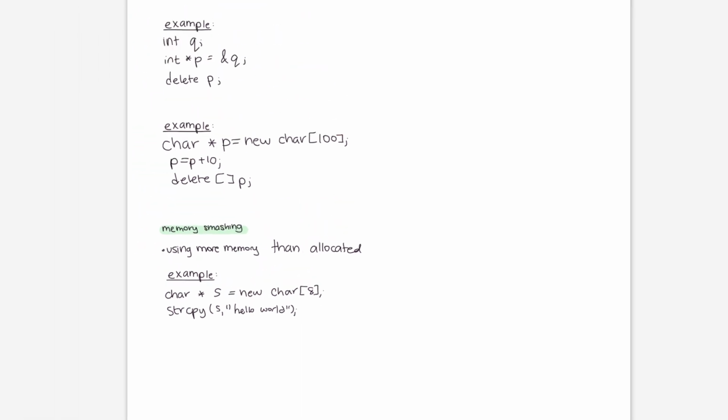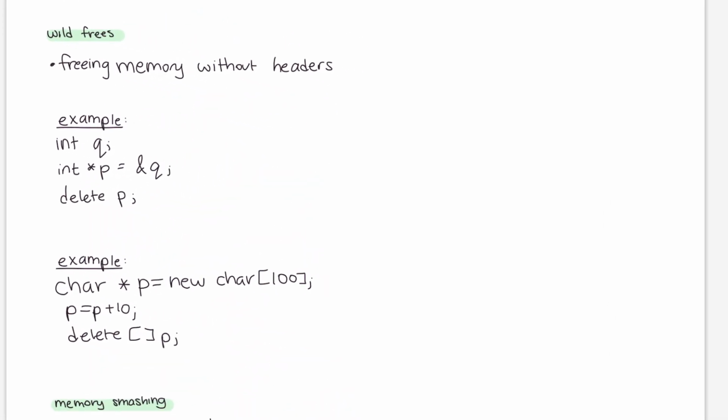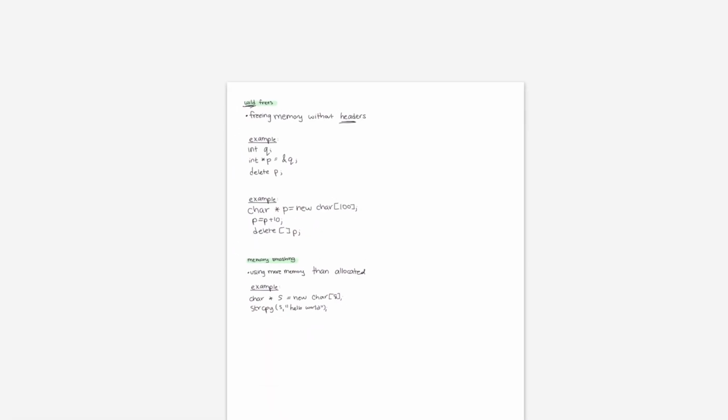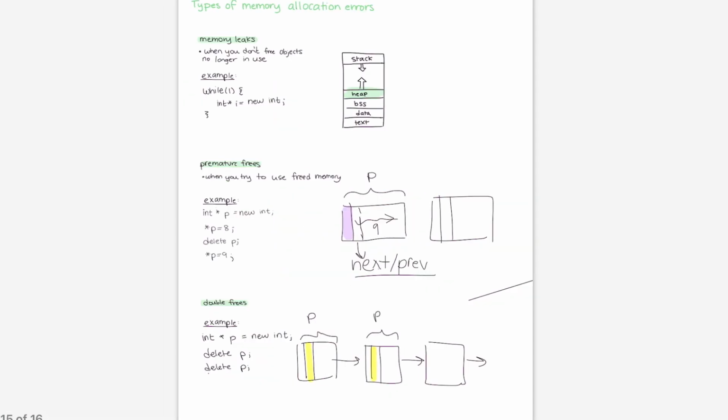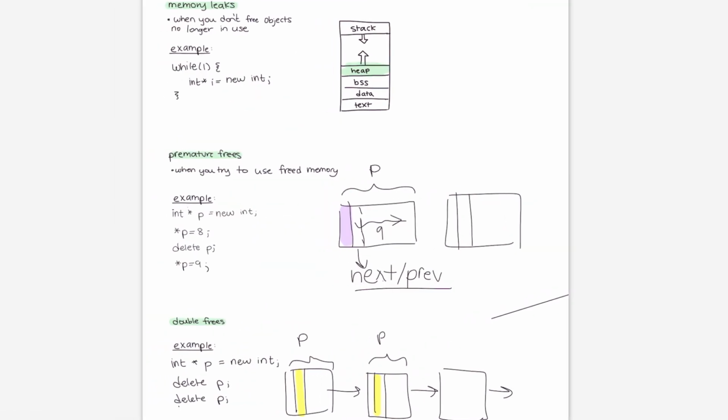And just some dumb ways to remember wild frees, I like to think about that phrase, if you lose your head, that means you've gone crazy and you're wild. So headers, you've lost your head and you've gone wild. Yeah, it's stupid. And then these names, premature and double free, they're pretty obvious what they mean.